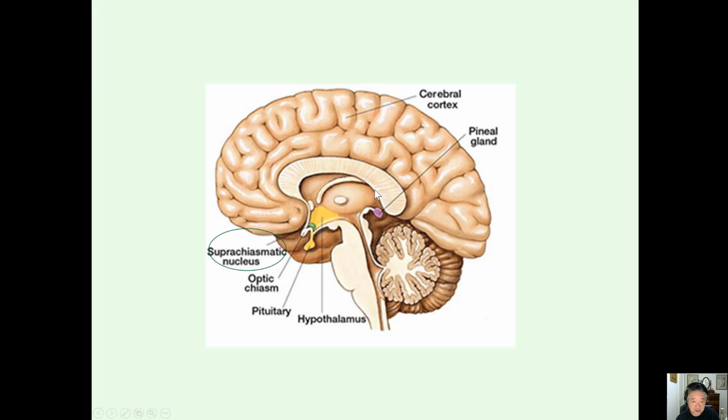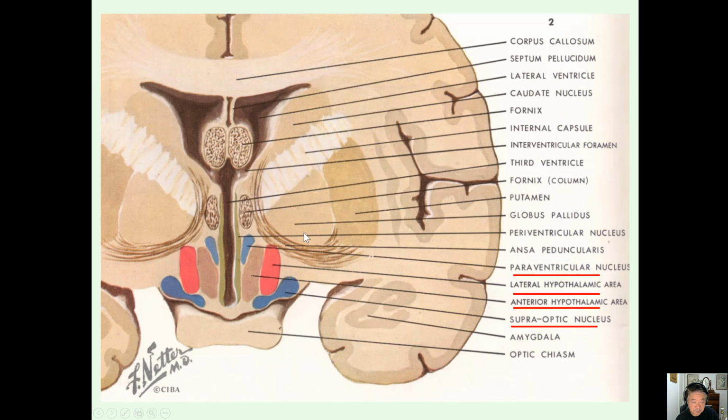Here's again the sagittal section. You see the suprachiasmatic nucleus right on top. This controls the day and night rhythm. If you cut a coronal section again, you divide into medial and lateral. In the medial region, you will see the paraventricular nucleus, which is around the third ventricle.